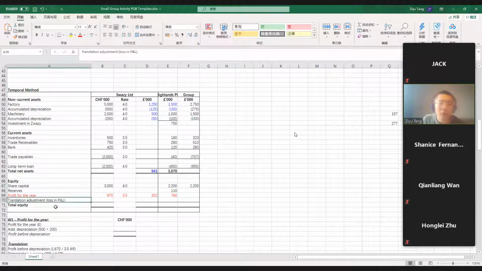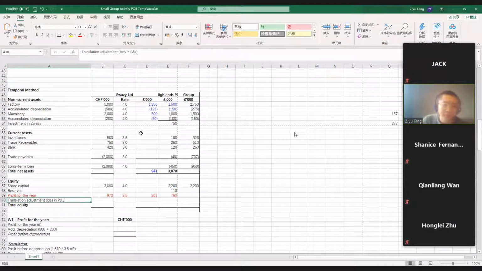I forgot to tell you how to calculate the translation adjustment, because when you make a translation, sometimes, because of the fluctuation of the exchange rate, the company's revenue might also generate some profit for the company. You all know that, right?